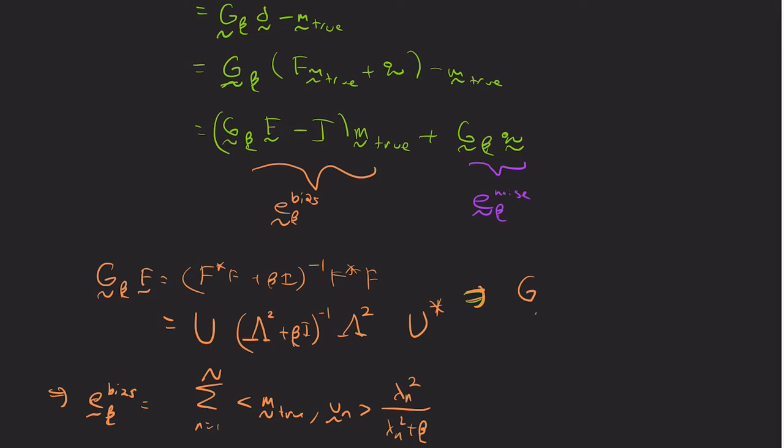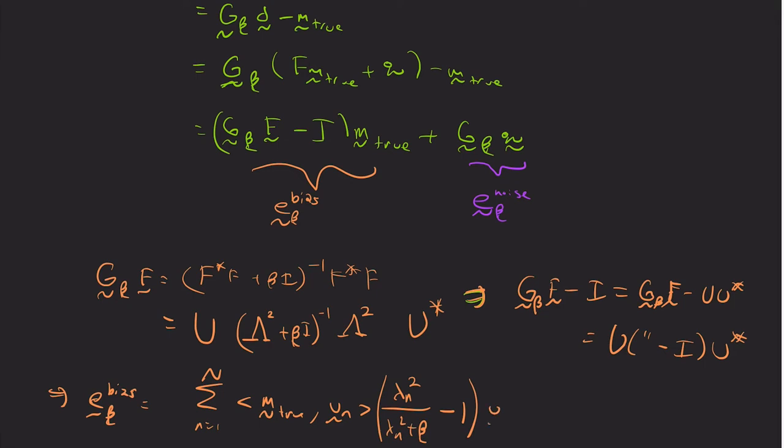So g beta f minus the identity is u times the same thing minus the identity times u star. So we have minus 1 here is the main idea there. So it's the same manipulation times u_n.